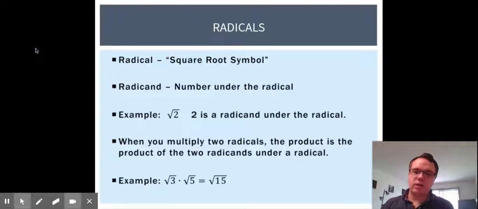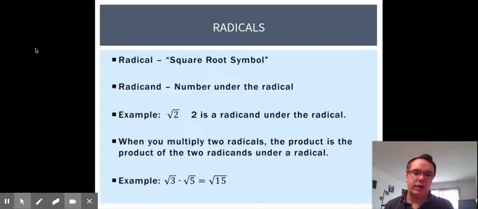So just a reminder what a radical is. I'm going to pause here so you can write this in your notebook. And when you're ready, hit play again. So just a reminder of radicals, what we call the square root symbol. We've dealt with radicals that have indexes, so that are the cubed roots and fourth roots and fifth roots and sixth roots.